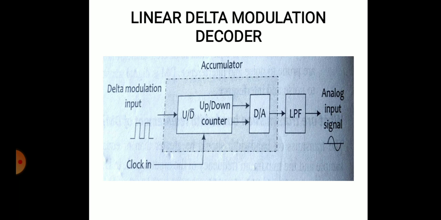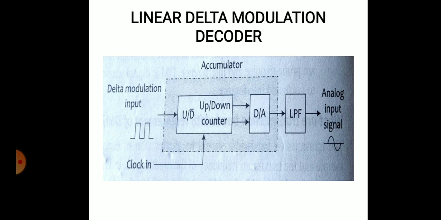Now there is a clock pulse. The up down counter is now incremented. Then the D2A converter now outputs a voltage level equal to the magnitude of the minimum step size. As the logic 1 and 0 are received, the up-down counter is incremented or decremented accordingly.